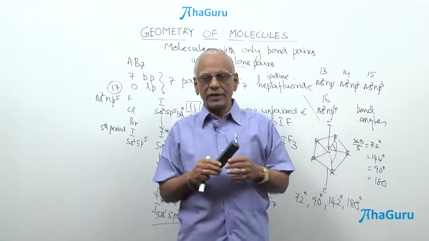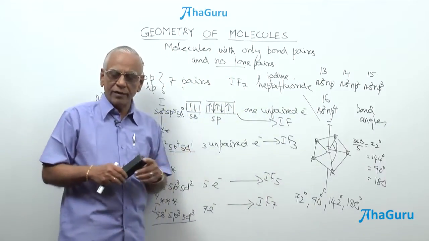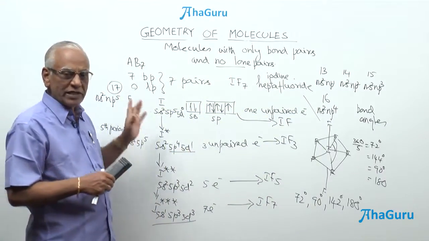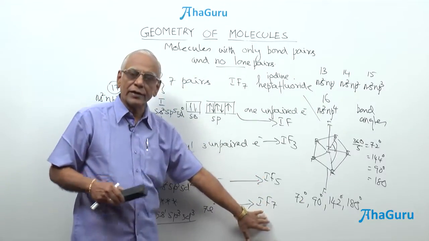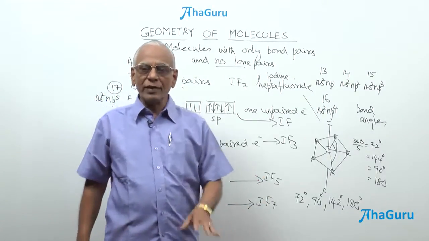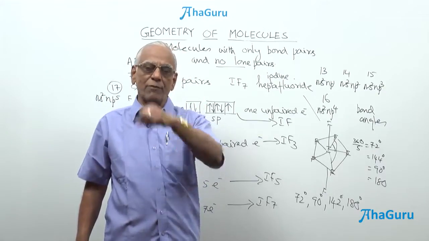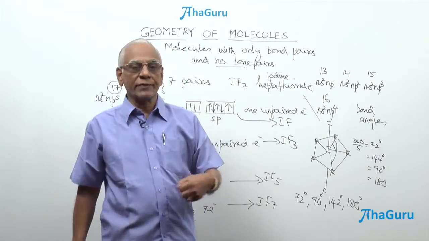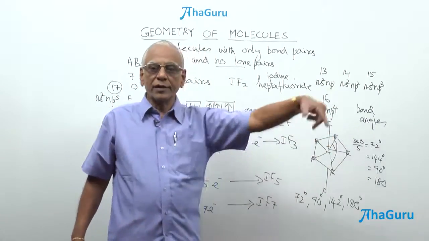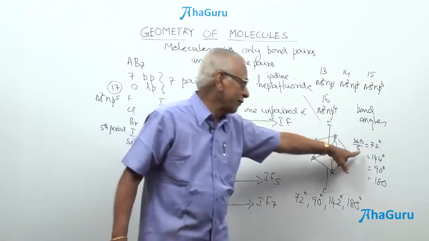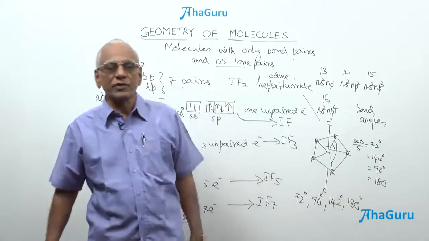AB4, it could be a methane molecule. AB5, phosphorus pentachloride. AB6, sulfur hexafluoride, and finally AB7, iodine heptafluoride. So, based on the number of bond pairs, the number of pairs of electrons around an atom, I can visualize the shape of the molecule and the different parameters, like for example the bond angle can also be visualized. Thank you.